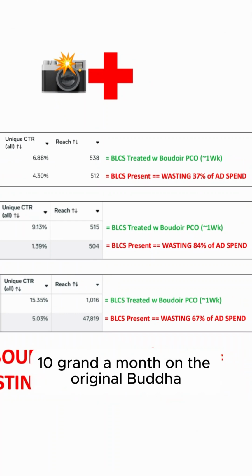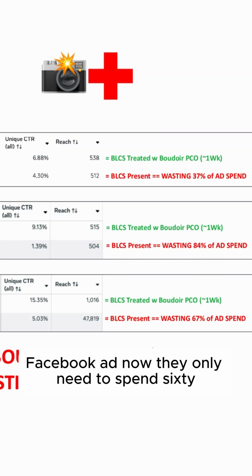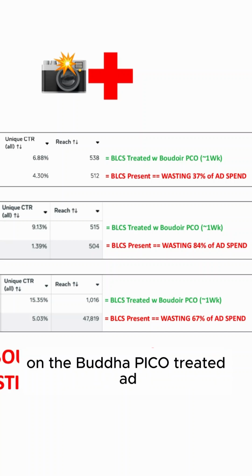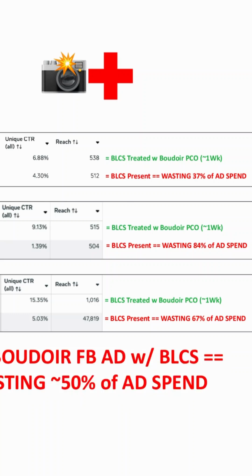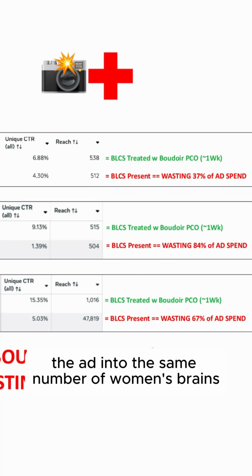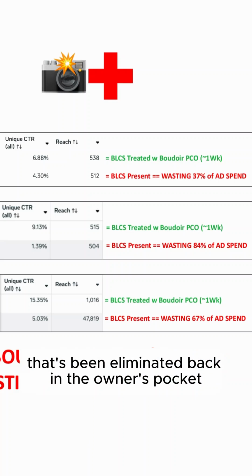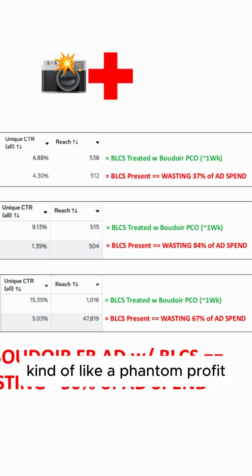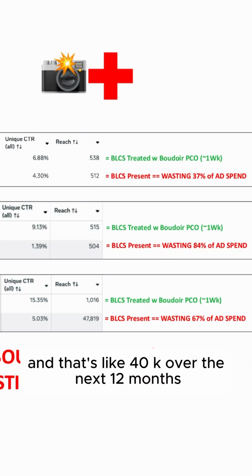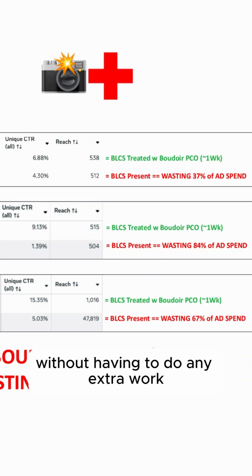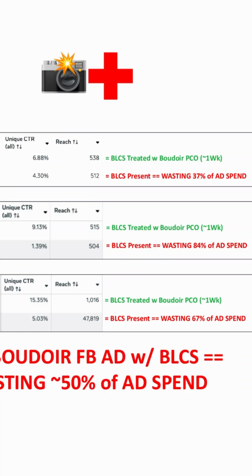So if they're spending 10 grand a month on the original boudoir Facebook ad, now they only need to spend 6,300 bucks a month on the boudoir Pico treated ad in order to get the ad into the same number of women's brains in both scenarios. So 3,700 bucks a month, eliminated wasted ad spend, back in the owner's pocket. They no longer have to spend it, kind of like a phantom profit. And that's like 40K over the next 12 months without having to do any extra work.